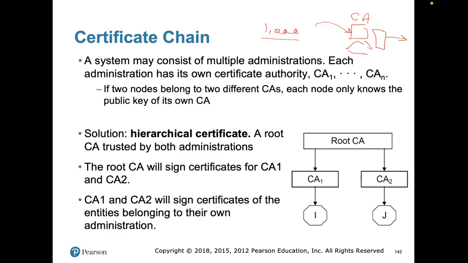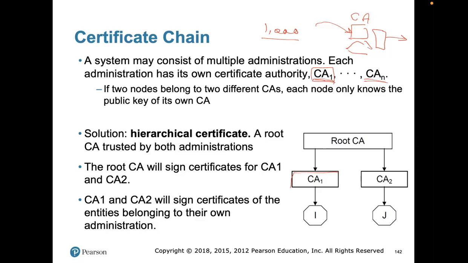So if we have a big network, one approach is having multiple CAs: CA1, CA2, and up to CAN. Every CA takes care of a portion of the users. For example, out of 10,000, the first 1,000 go to CA1, the second 1,000 go to CA2, and so on. Out of them, let's say 100 or 50 are active users, so the number of active users per CA will be reduced.